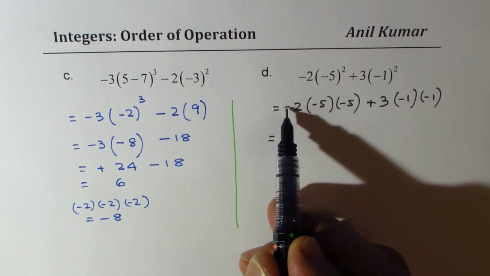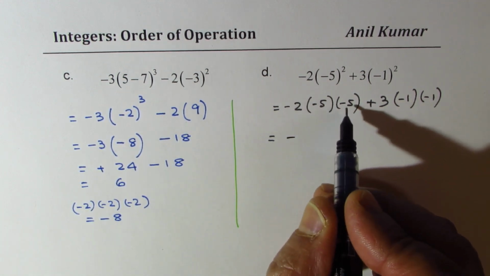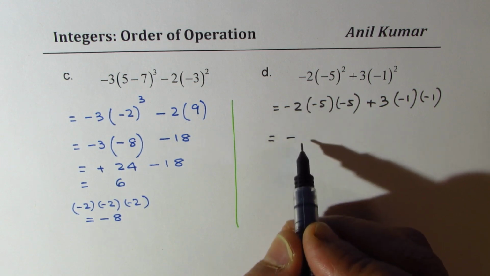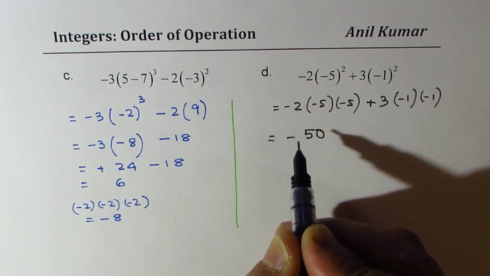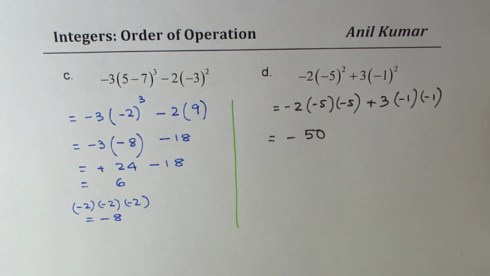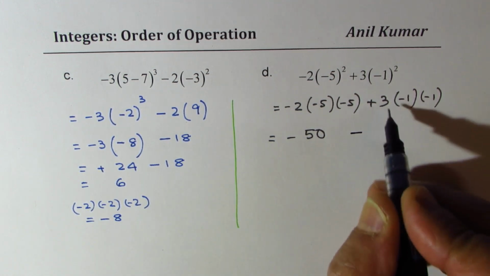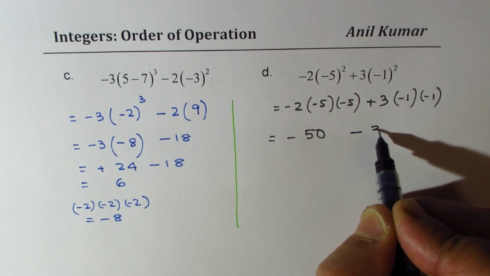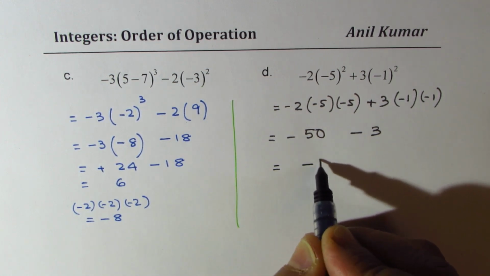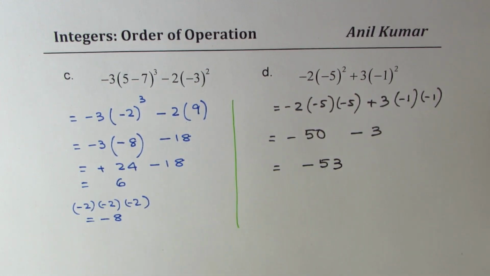Now 3 negatives will give you a negative. 5 times 5 is 25 times 2, 50. We could do it like this also. So these are different ways of doing the same thing. Minus minus plus gives you minus. 3 times 1 times 1 is 3. So we get minus 53 as our answer.